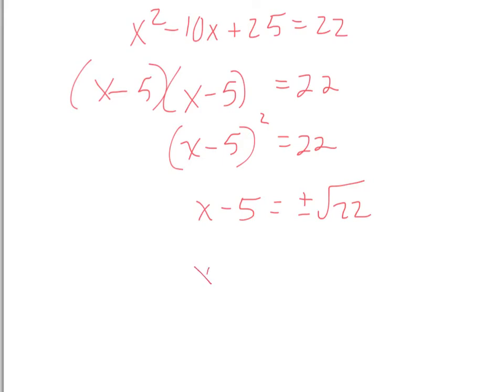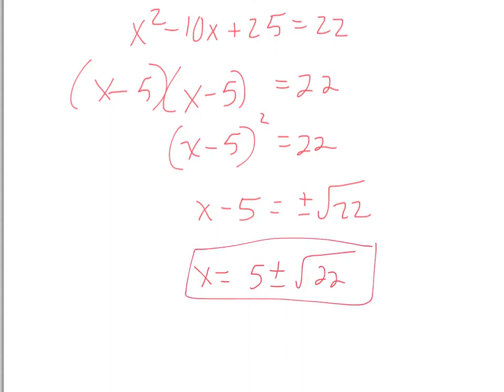So we add the 5 over, and we leave it this way. So again, what we want to recognize is that we've created a left-hand side that is easy to work with. Same process over and over again.